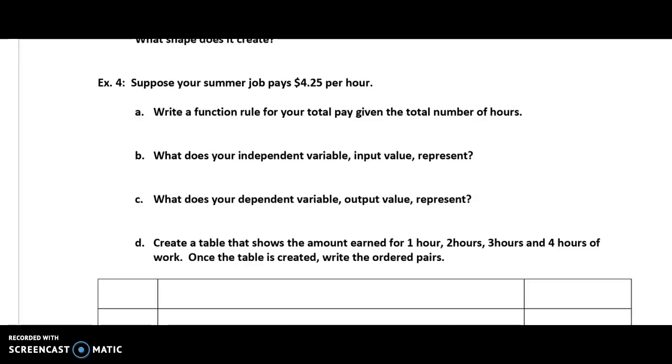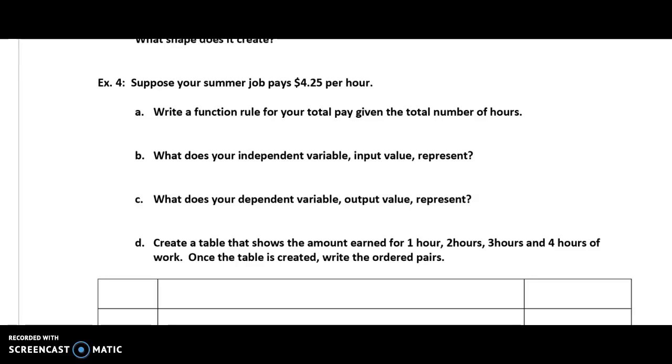Let's move on to example 4. It says, suppose your summer job pays you $4.25 per hour. Write a function rule for your total pay given the total number of hours. Before we do part A, let's go to part B, where it says, what does your independent variable, your input value, represent?